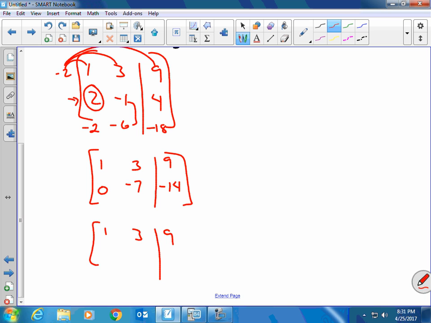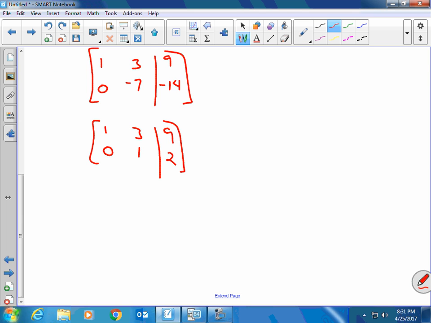Divide everything in row 2 by -7. 0 divided by -7 is 0. -7 divided by -7 is 1. -14 divided by -7 is 2. That always has to happen: you end up with a 1 in this entry, a 0 in this entry, and a 1 in this entry. That was the whole point of doing the matrix.